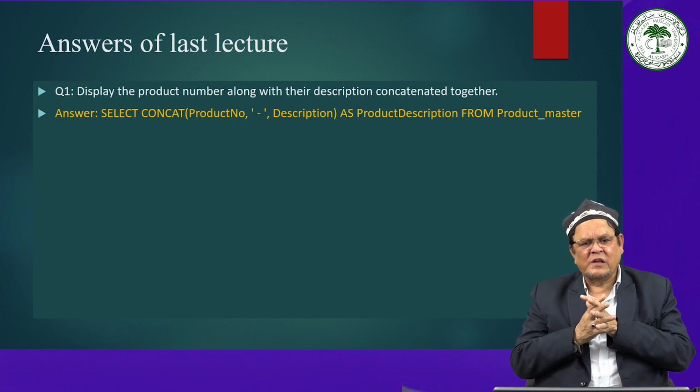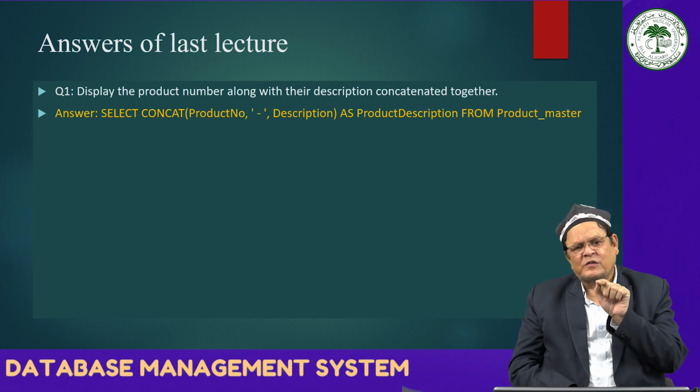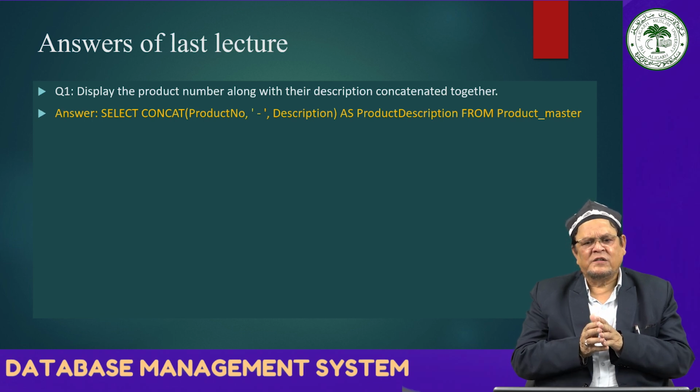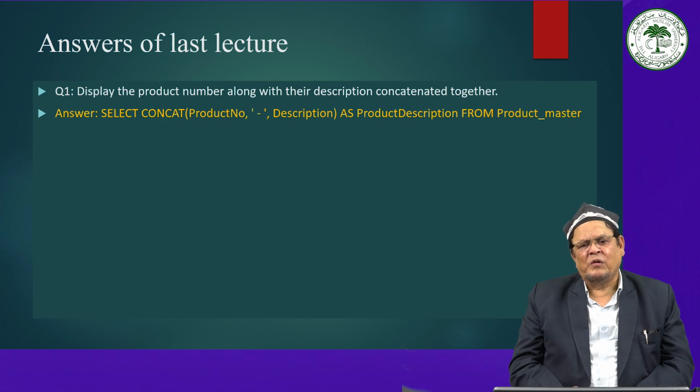You have to name the product number and the description within brackets. Also, I want a dash. For the dash, we will write it within quotes. We have to write the alias as product description, from table product master.